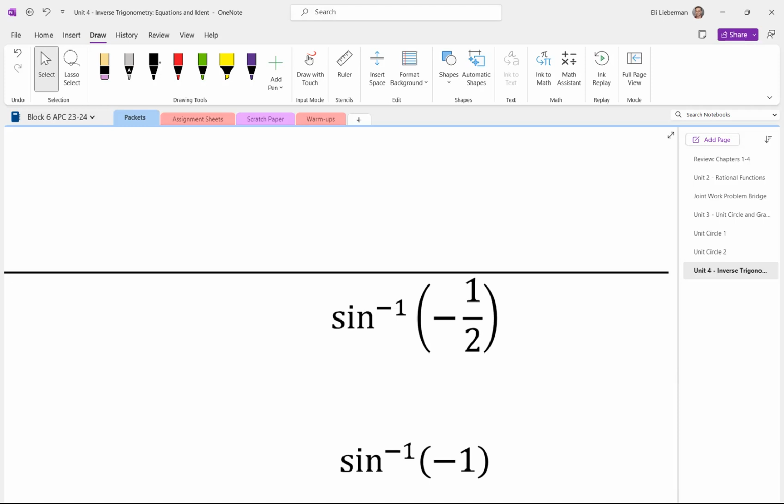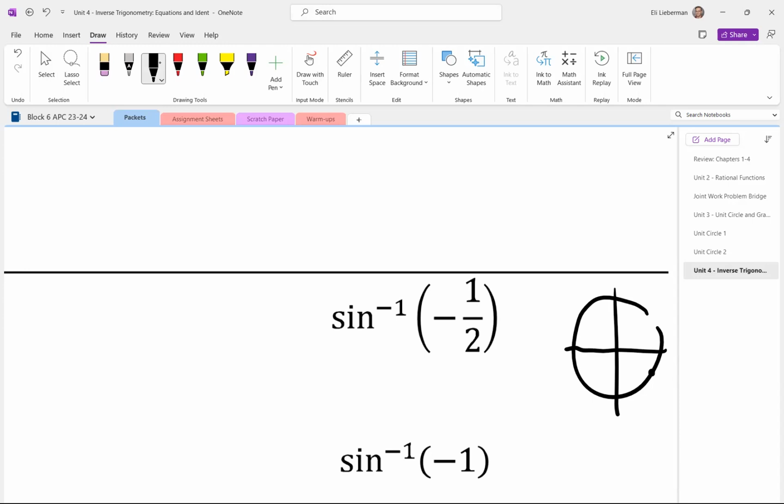You know that it's wrong, but you're not exactly sure how to explain the right answer. If you're looking at sine inverse of 1/2, then that's like -1. You just add it up and then go opposite on quadrants.